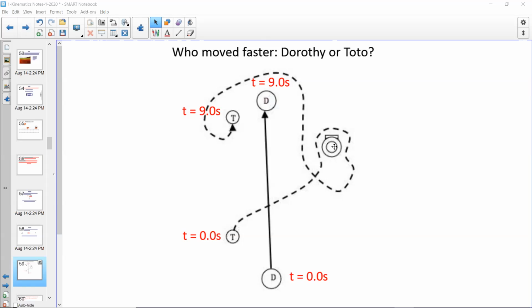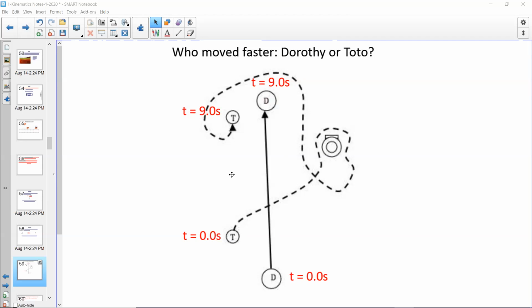Good. Yeah. So if we're thinking about how fast something moves, that's a ratio. And if we're thinking about specifically the ratio we just defined as speed, then Toto's faster because Toto had the greater speed. Toto covered a larger path length distance in 9 seconds. But if we're talking about faster as the displacement compared to time, as we said last time, Dorothy starts here and ends up pretty far from where she started.